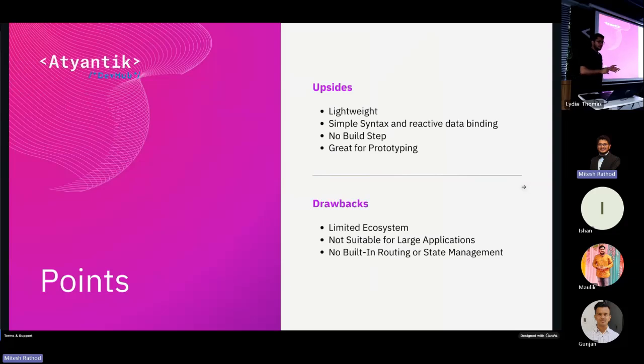For the drawbacks, we can say the ecosystem is limited. Of course, it is not as rich as Angular or React. But for a small application, the scope is limited and the requirement fits AlpineJS, so we can use it. It's not suitable for a large application. Personally I would not recommend it, because AlpineJS standalone will not work for that, but combined with Livewire or a Laravel application, it is very powerful.